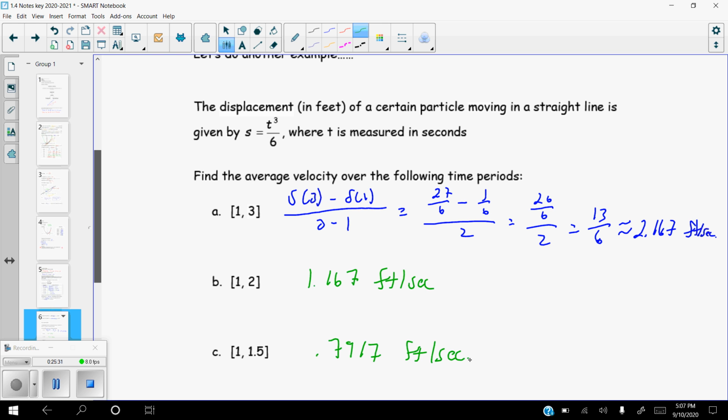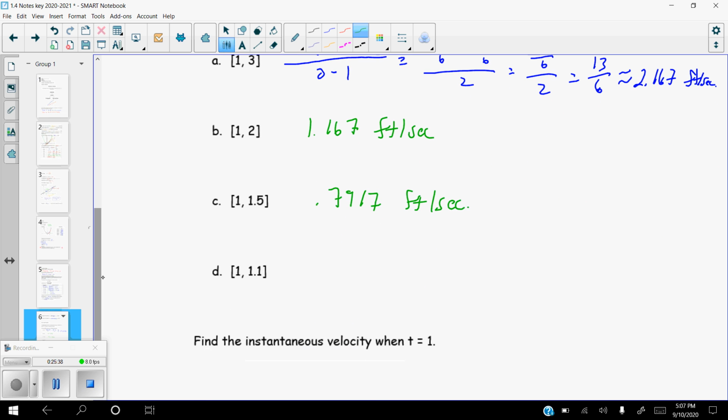So we're looking at maybe about 0.4 difference now or so. Kind of tough to see what we're approaching. So we need to get closer and closer so we can see what the pattern is. So we'll do 1 to 1.1. Again, plugging in the 1.1 and the 1 to find your y values, you get 0.5516 feet per second. Still kind of tough to tell because now it's a difference of about 0.24, excuse me.